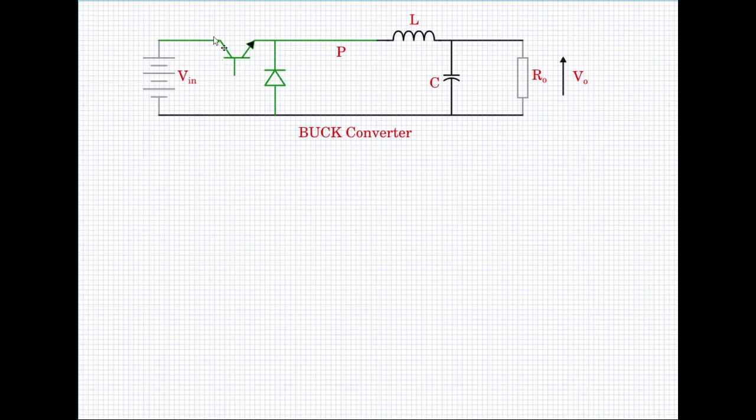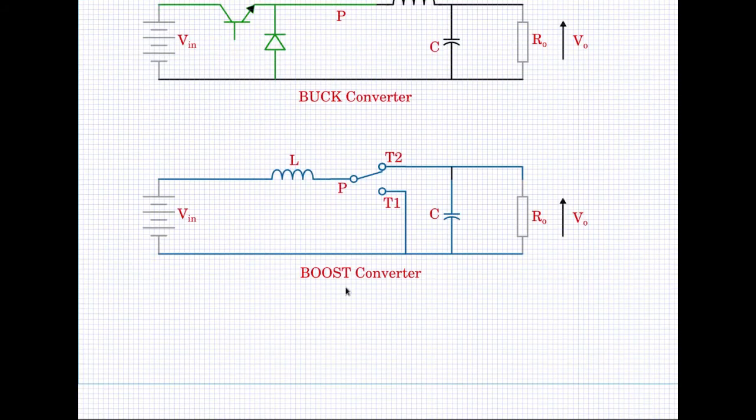Remember that this BJT can be replaced by a MOSFET or an IGBT, any controlled power semiconductor switch. So the boost converter circuit is shown here. In the case of the boost converter too, we need to replace the single pole double throw switch with power semiconductor switches.